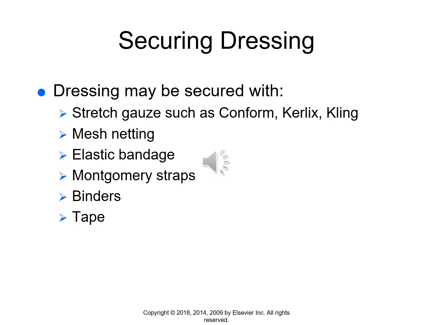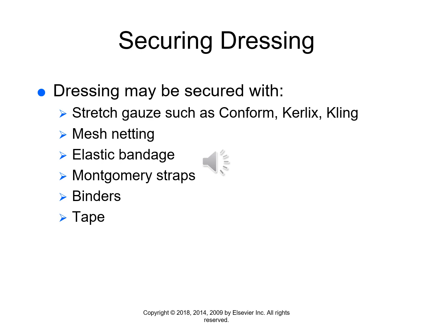Okay, so there's a lot of different ways you might secure a dressing as well. You might use Curlix or Conform or Ace Wraps or things like that. Remember, when you're wrapping an extremity, you want to wrap from the bottom up because we want to promote blood flow back to the heart.